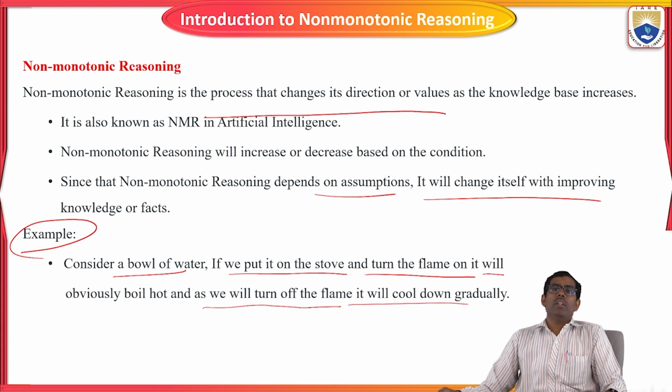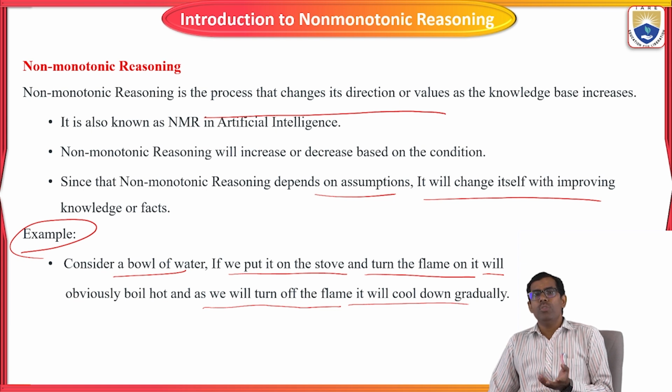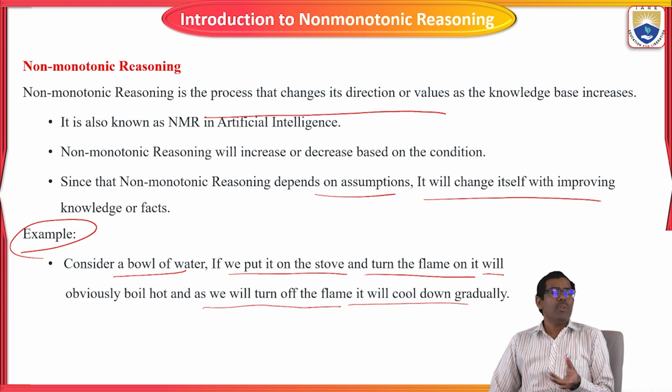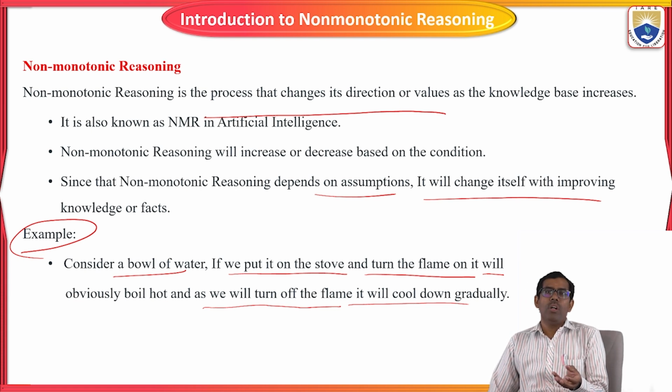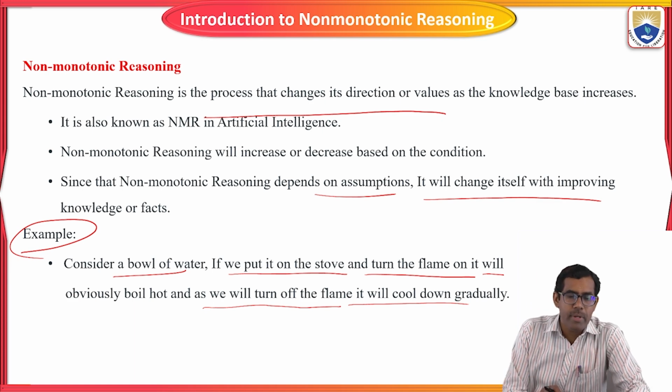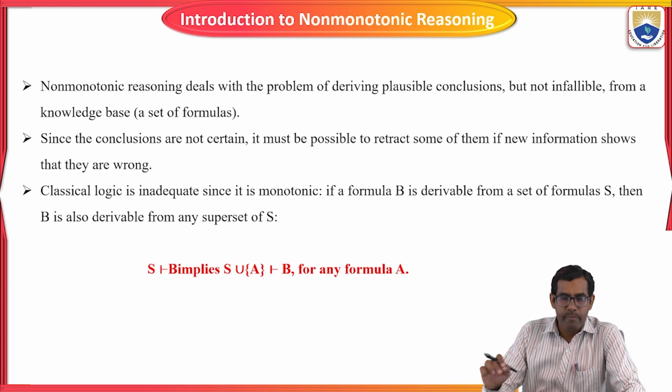Once you heat the water and keep it on the table, the heat will automatically decrease without a flame or heating. Everyone knows these are continuous changes that happen after heating a bowl of water. So this is the best example for non-monotonic reasoning in artificial intelligence.